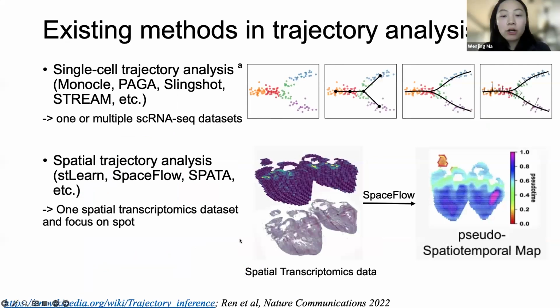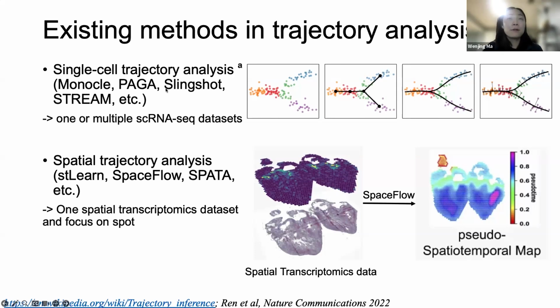So of course, there are certain existing methods in trajectory analysis. For this kind of split, you might think of single cell trajectory analysis, which is very popular in this domain. There are several tools like Monocle and PAGA, which utilize one or multiple single cell RNA sequencing data sets to identify the cell type divergence, for example, from neuronal stem cells later on into certain GABAergic neurons or other inhibitory neurons.